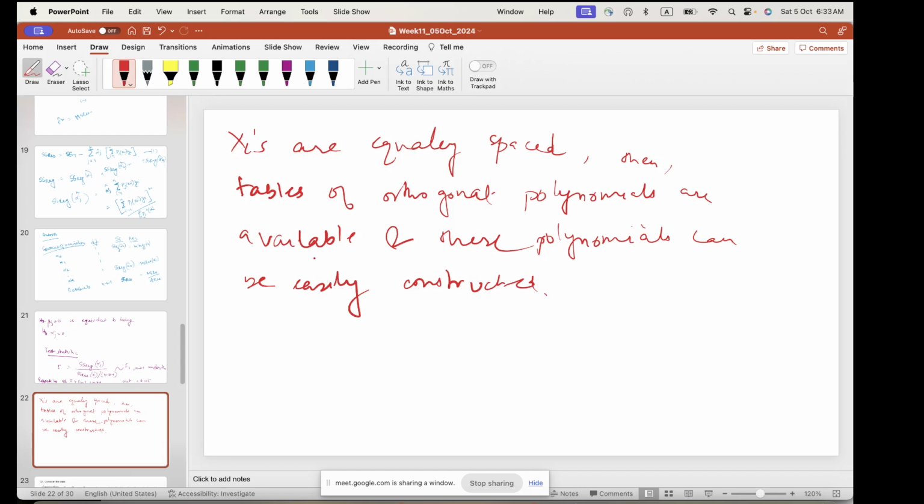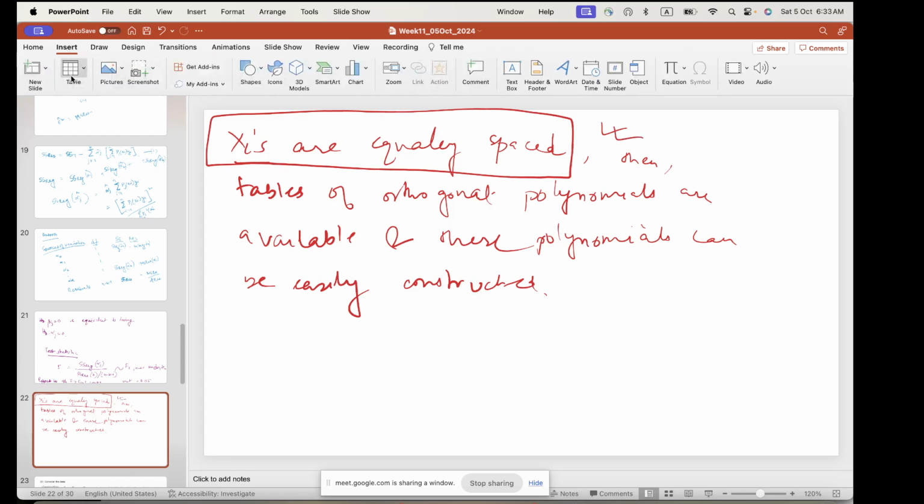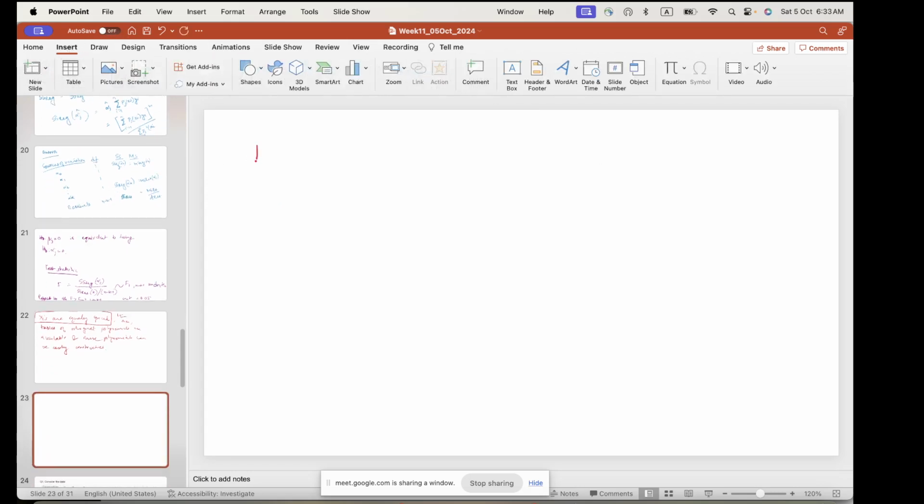So the assumption is what? The xi's are equally spaced.